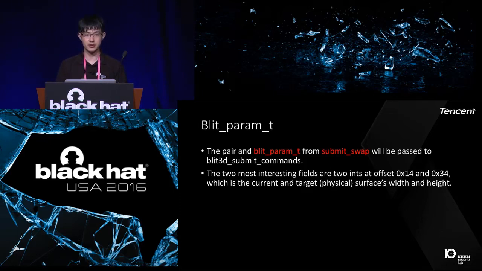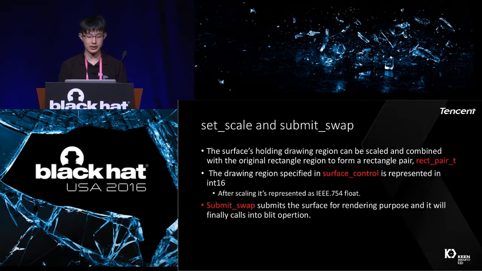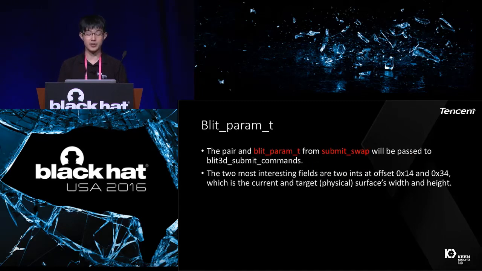The target surface is usually the physical surface of the hardware. And the pair we mentioned before, the rectangle pair T, and the blit param T will be submitted from submit swap to blit 3D submit commands.